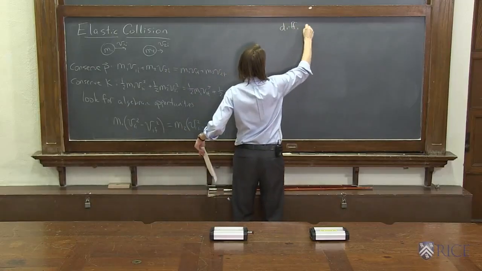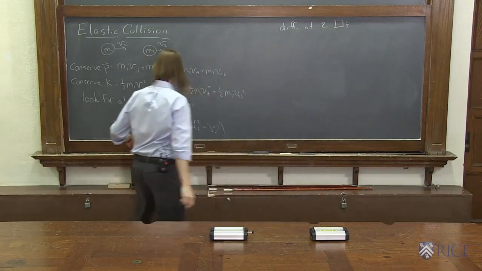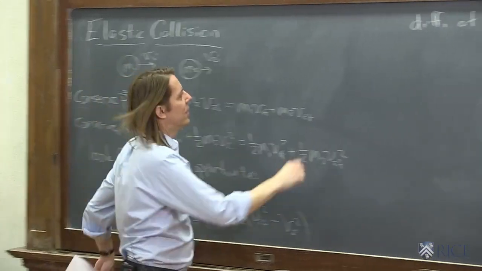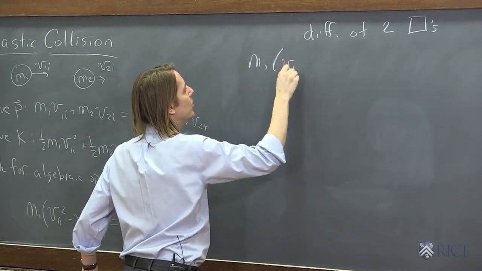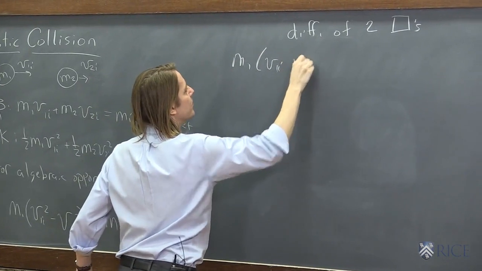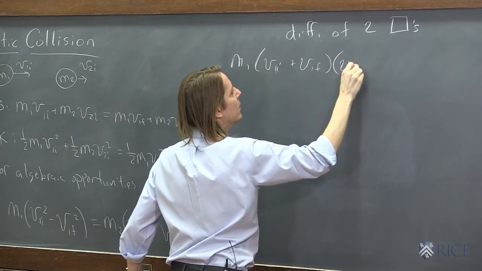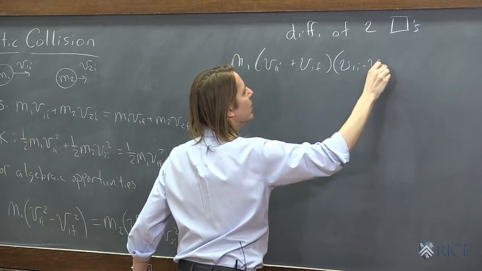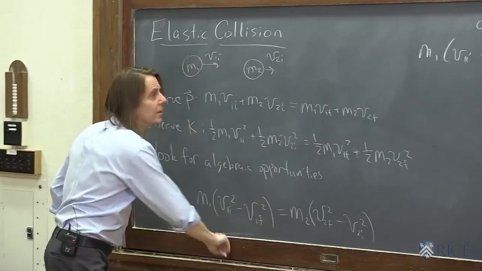I don't know if that's how you used to write it or not. Let's see. M1 times V1 initial plus V1 final times V1 initial minus V1 final. Sorry. Oh, whoops. Slipped out of my hand.